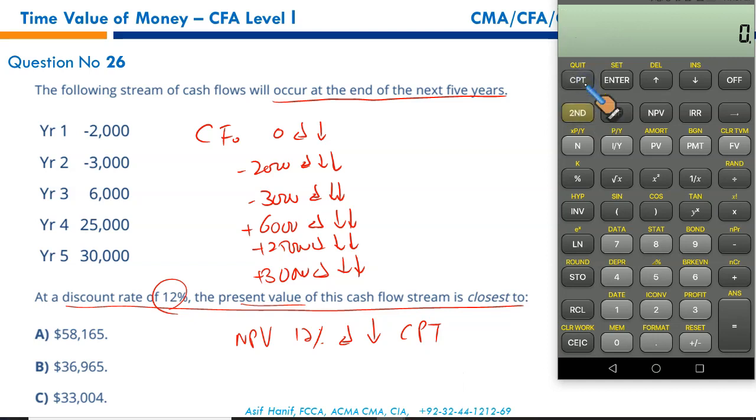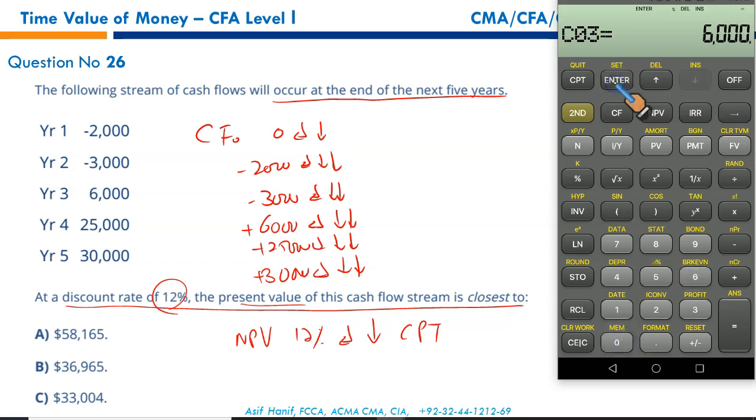This one you can do, of course. The future value will require, let's say if these were the future values, you will have to calculate the future value of each individual cash flow separately. Okay, CF 0, enter, down arrow key. Unfortunately, we have some numbers present. 2,000 negative, enter, down arrow key twice. 3,000 negative, enter, down arrow key twice, and then we have 6,000 positive.